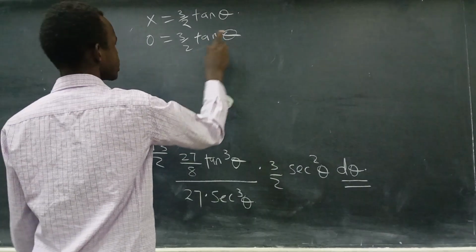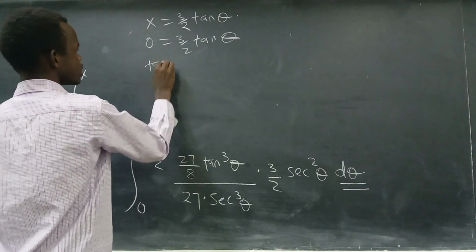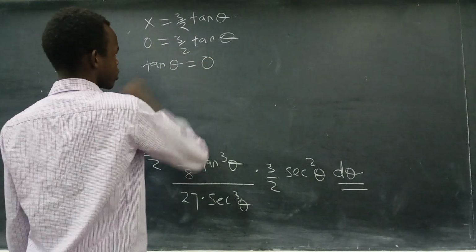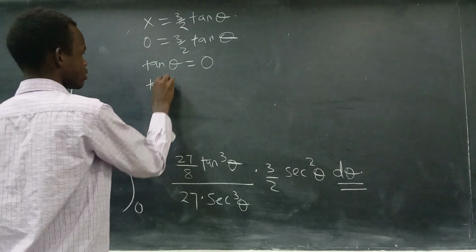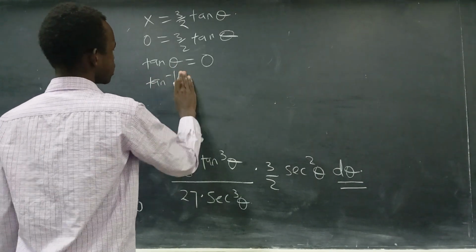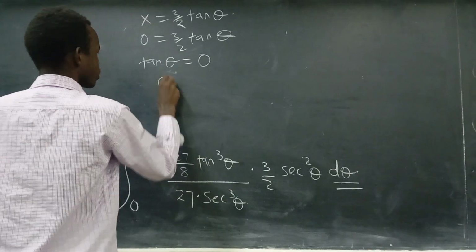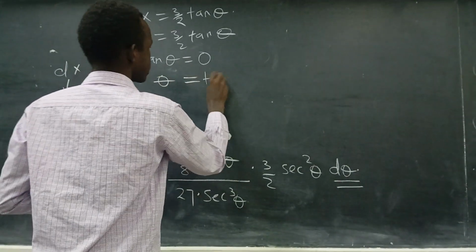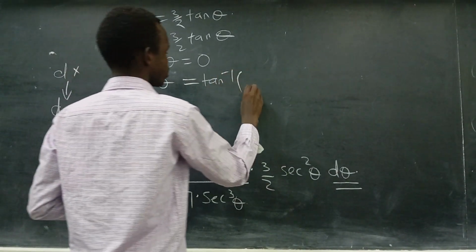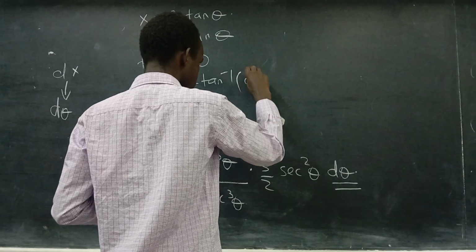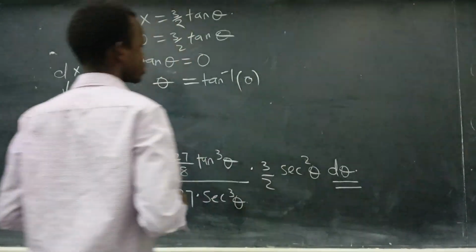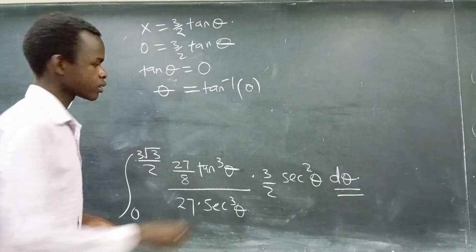So what's my tan theta? My tan theta will be 0, right? So my theta alone, what will be my theta alone? My theta alone will be tan inverse of 0. What's tan inverse of 0? I think it's just the same as 0.